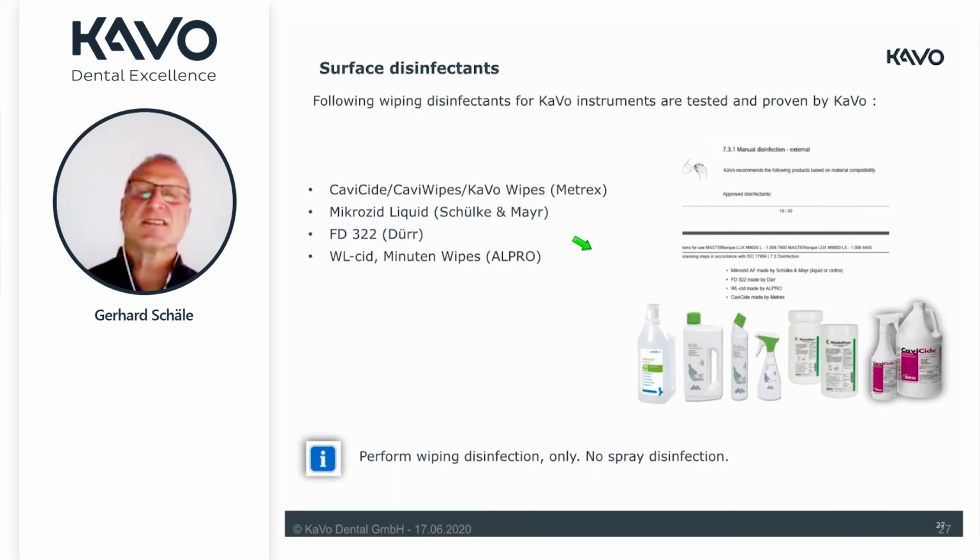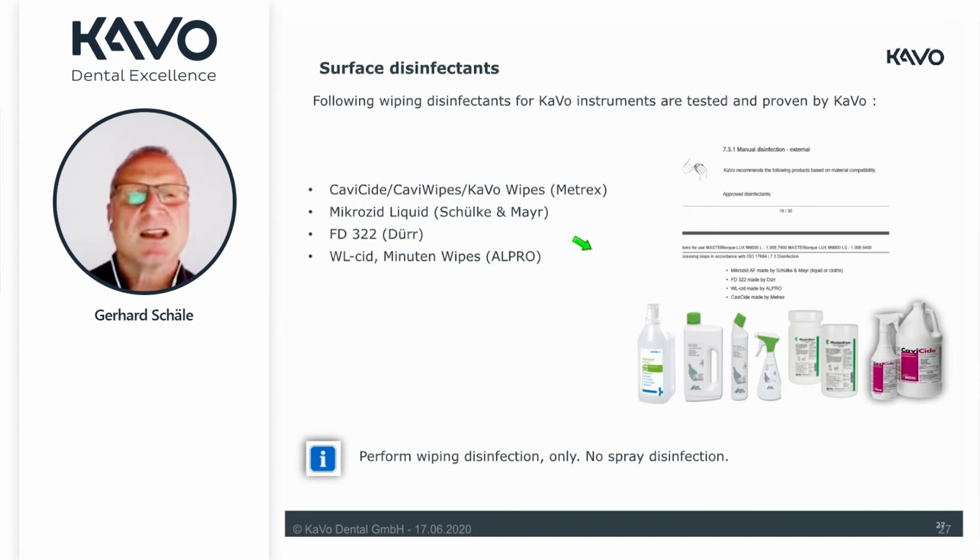For surface disinfection, we can just tell you, please use only the disinfectants which are stated in our operating manuals, because only these disinfectants are tested and approved by KaVo. Of course, we know that there are thousands of different brands on the market.